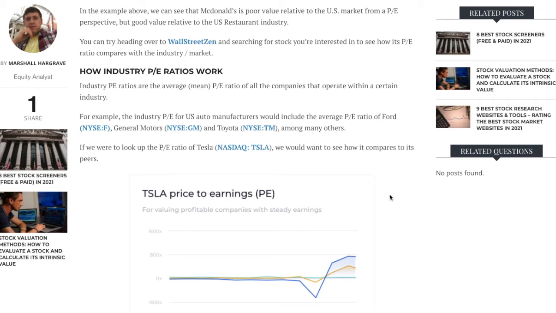Or if you were investing in, say, Coca-Cola, and you wanted to know what its PE ratio was like compared to the rest of its industry, you would compare it to other beverages companies. But it's important to remember that a PE ratio is only really useful when you compare it to another benchmark, and it can be an index or it can be an industry.